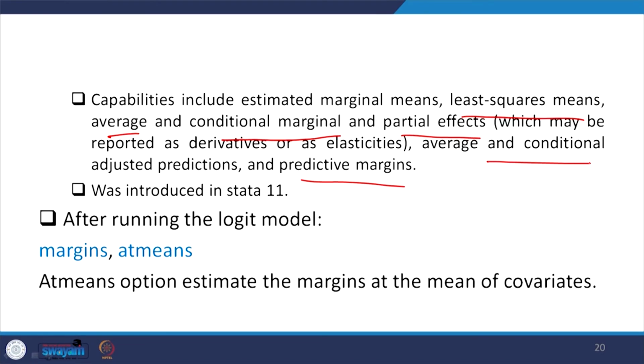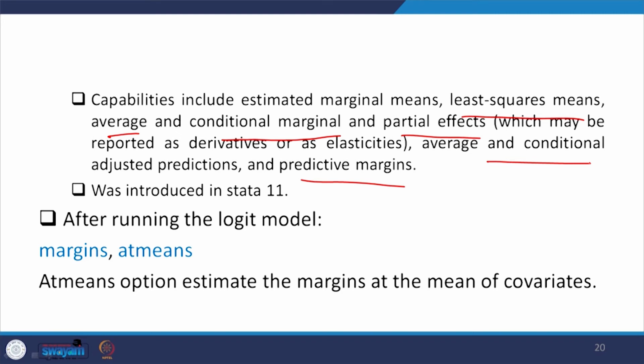Once we run the Logit model, then we can go for margins at means, one of the ways of interpreting the ME. The at means option estimates the margins at the mean of the covariates, which we just wanted to show you.